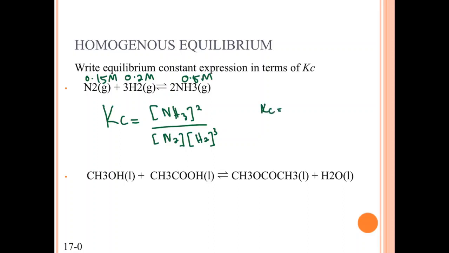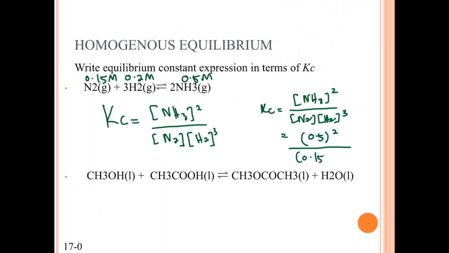So the Kc will be equal to, writing the expression first, plug in the value 0.5 to the power of 2, divided by the concentration of N2, which is 0.15 to the power of 1, multiplied by the concentration of H2, which is 0.2 to the power of 3.